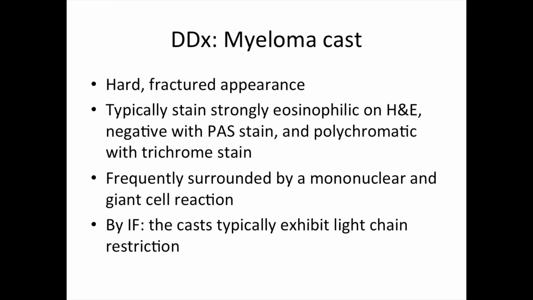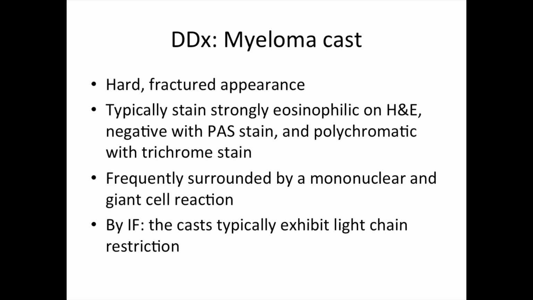الميلوما cast, this is part of the dysproteinemias diseases. And in this instance, the patient بيحتاج إنه يسوون إليه bone marrow biopsy or bone marrow trephine. But sometimes يعني the first time this diagnosis is made is actually on a renal biopsy. فالكاست هني بيكونون hard.